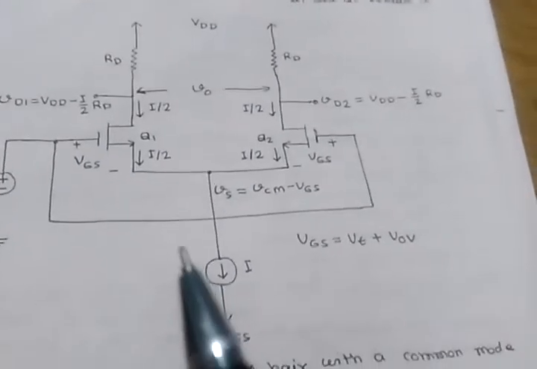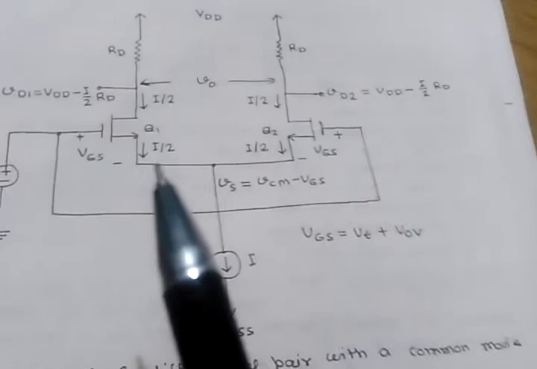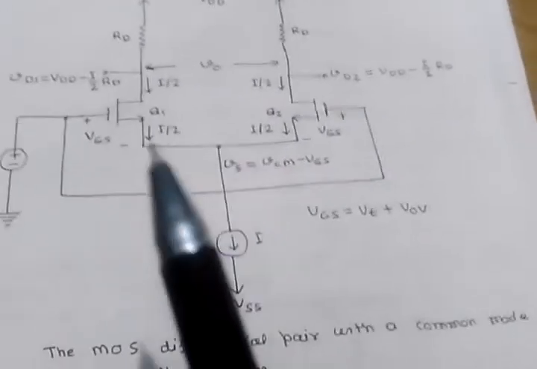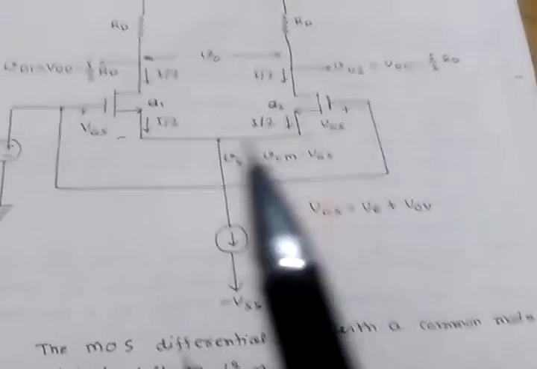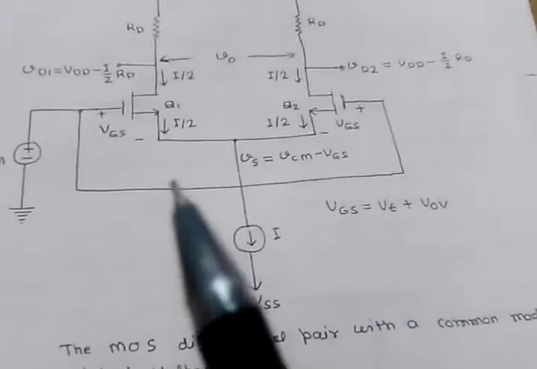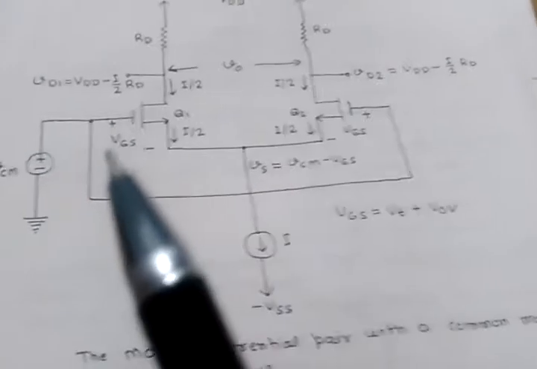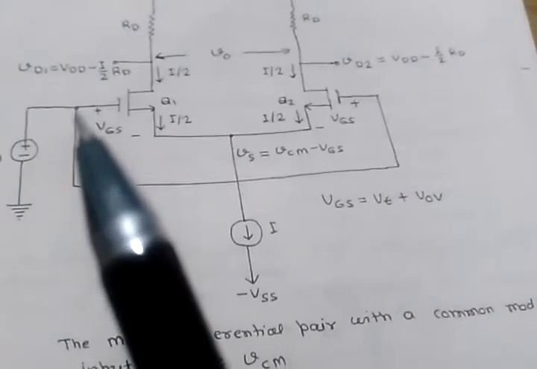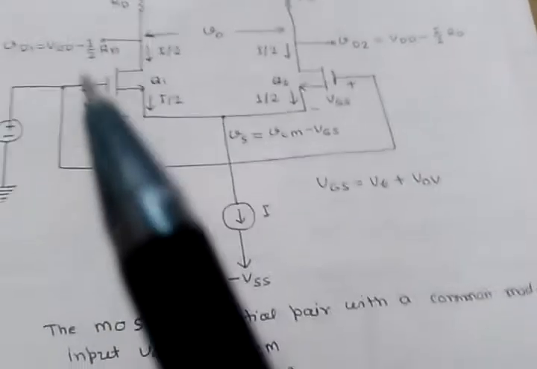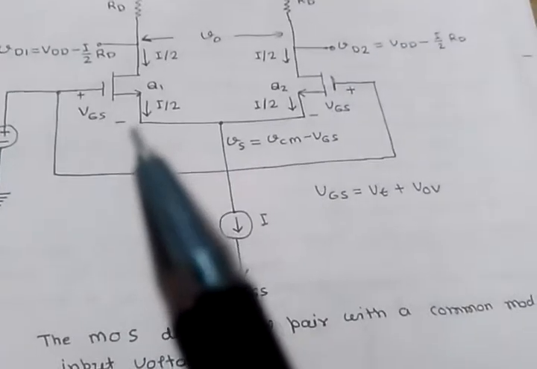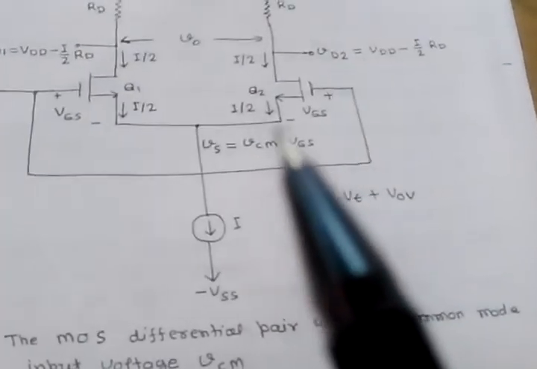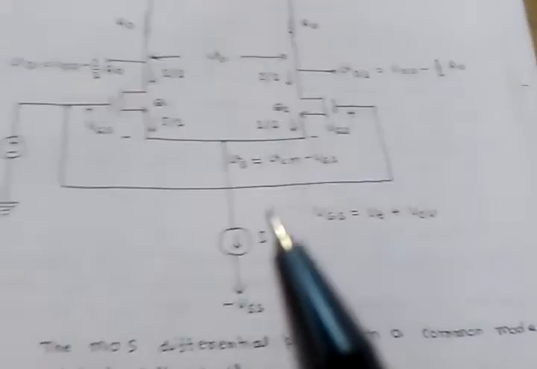In this configuration, we have used two matched transistors, two matched MOS pairs, and we have applied the common input signal at both the gates, means gate to source voltage of Q1 and gate to source voltage of Q2 are both same.